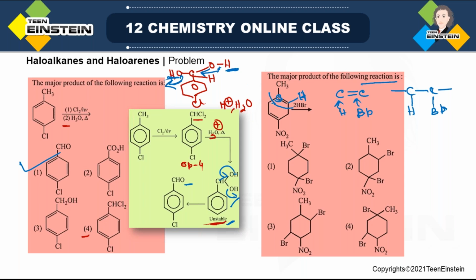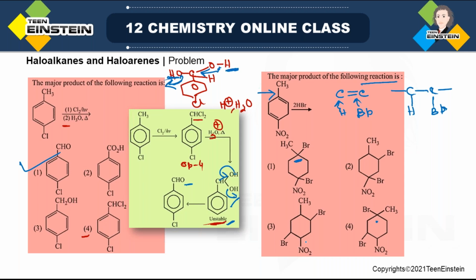That means Br should be added to this carbon, right? Now Br added to the carbon which contains methyl, you can find in the first option and also in the last option. That means options 3 and 2 are not correct.